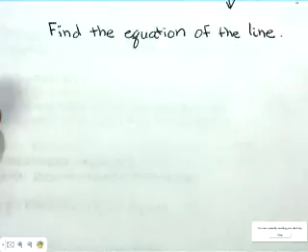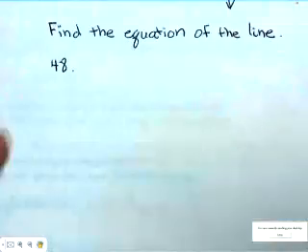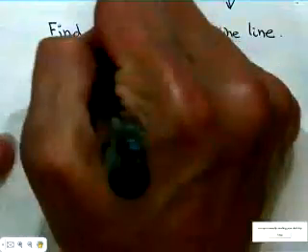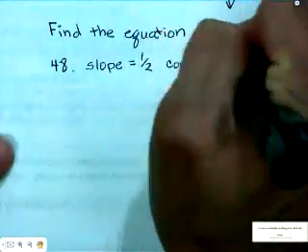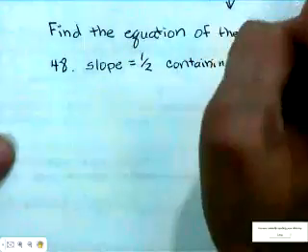And let's see, number 48, you're given 2 bits of information. The slope is 1/2 and containing the point 3, 1.